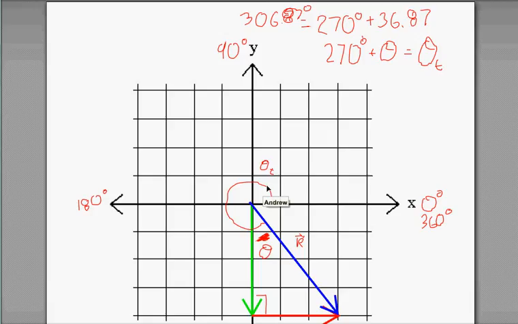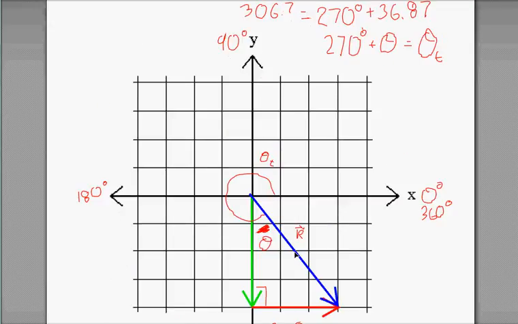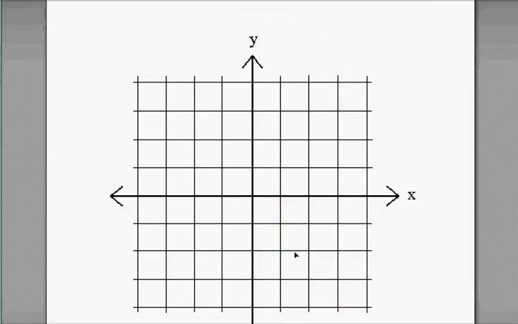Okay, so quick, let's have some sample problems that you guys are going to use. Okay, here we are. We're back here to a blank XY axis. Let's add these two vectors together. So you're going to have your first vector being, let's go 2 this way. And then your second vector, up.